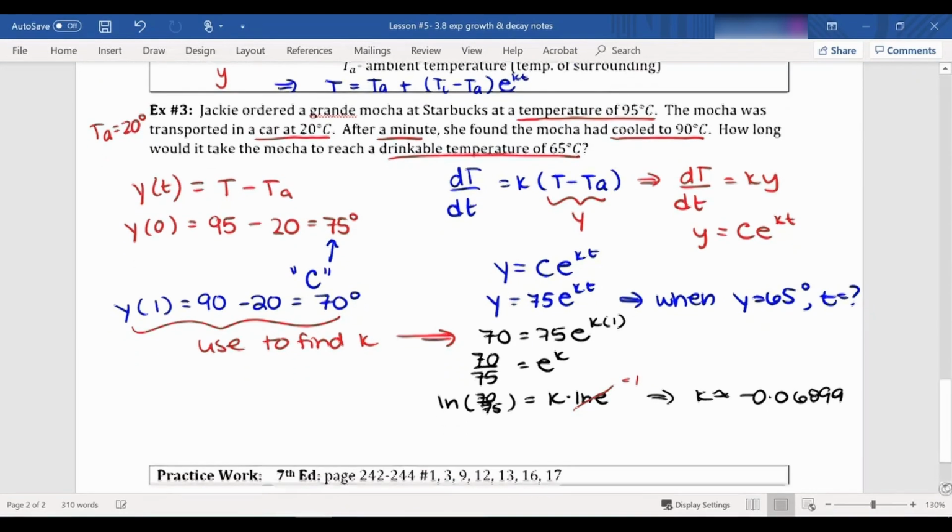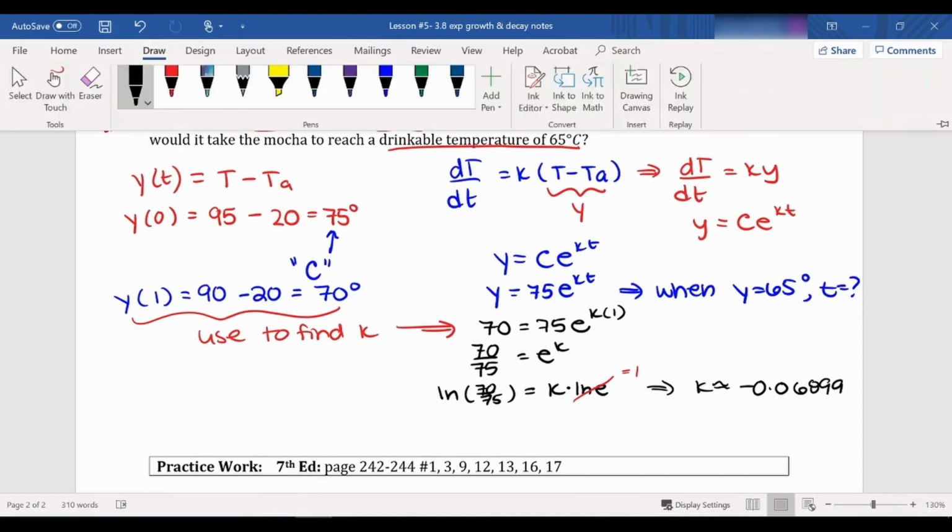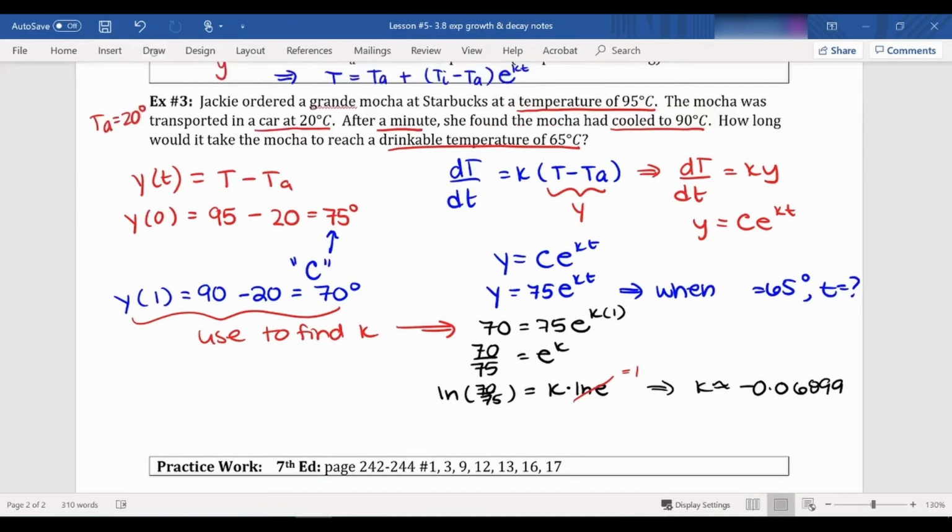Now that we have that, we can figure out when the temperature is 65, sorry, this should be big T. When the temperature is 65, what is my little t?